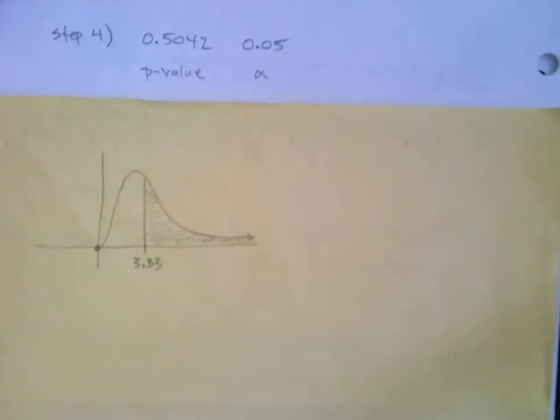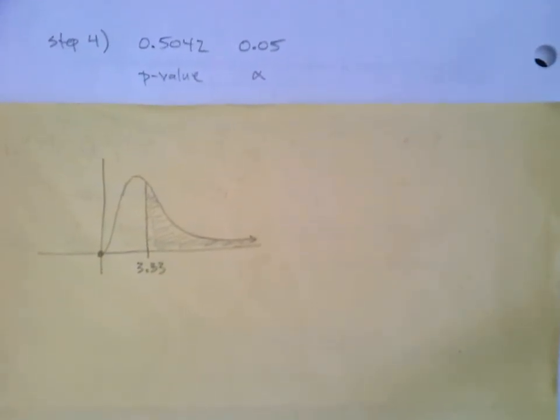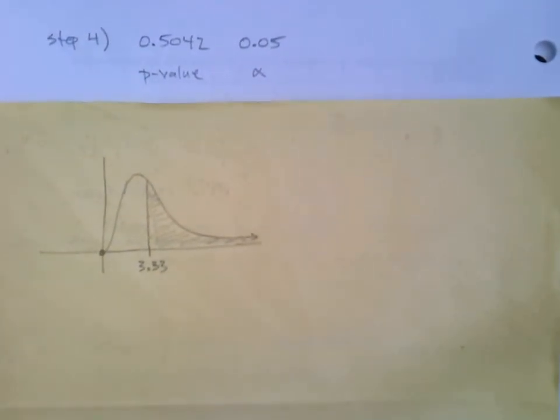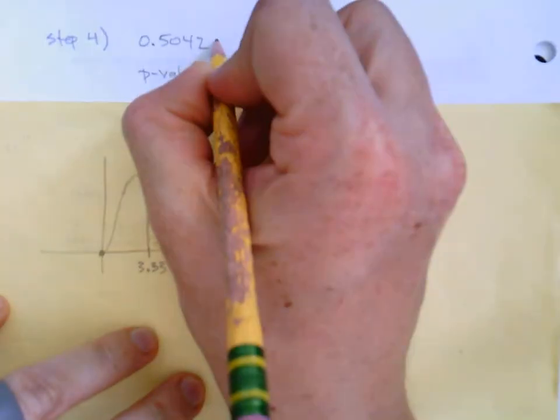Step number 4. We're going to compare the p-value that we got with the alpha. So they said use alpha equals 0.05. Well, which one is bigger? Well, of course, the p-value is bigger here.